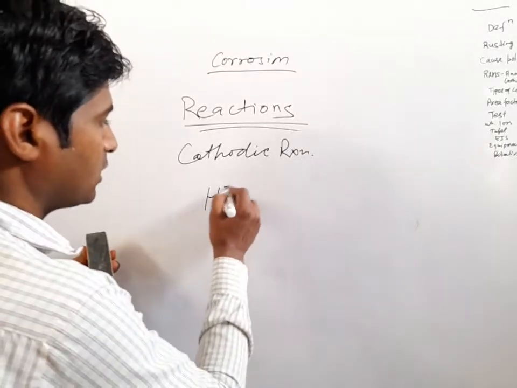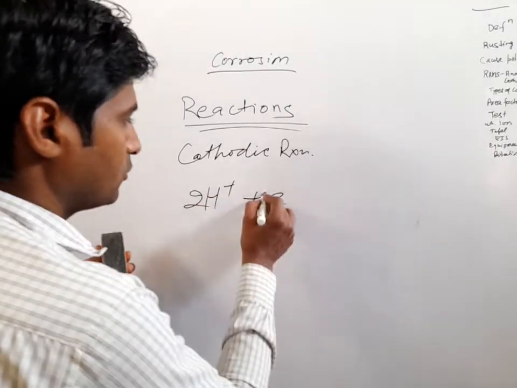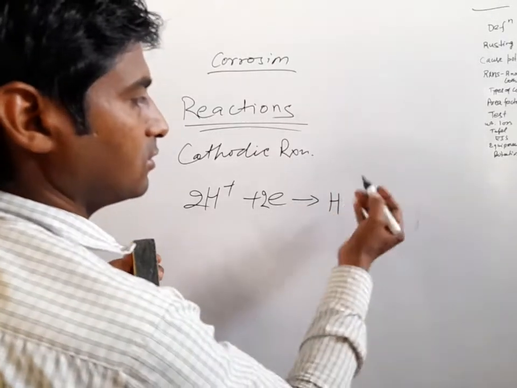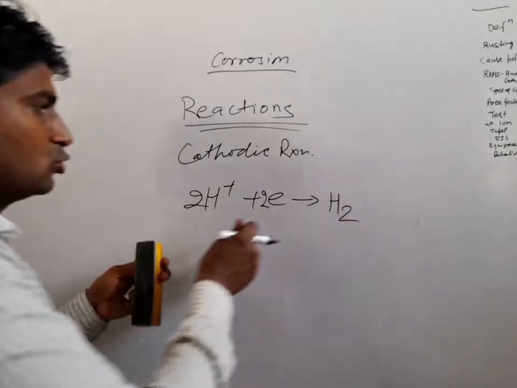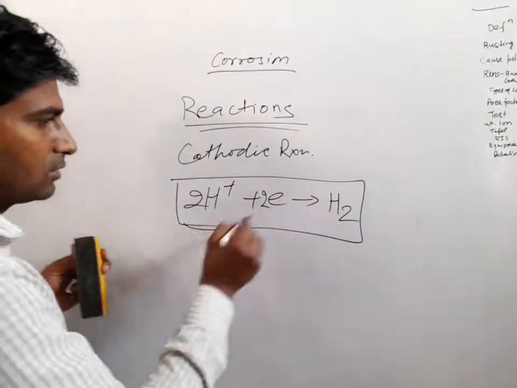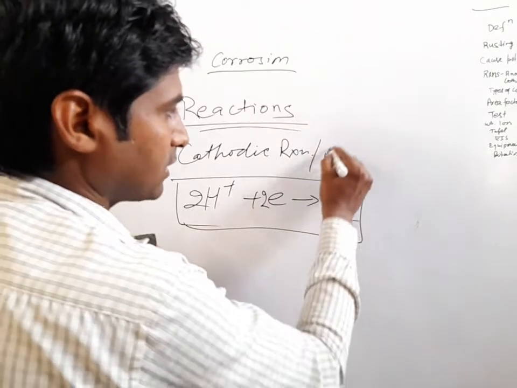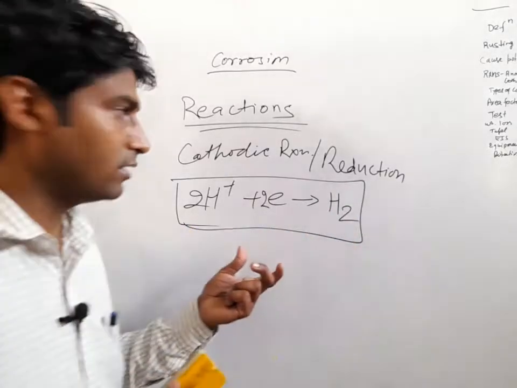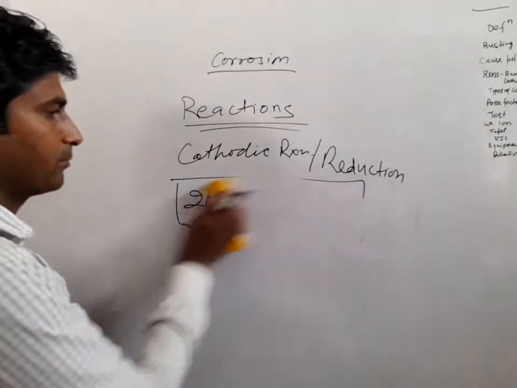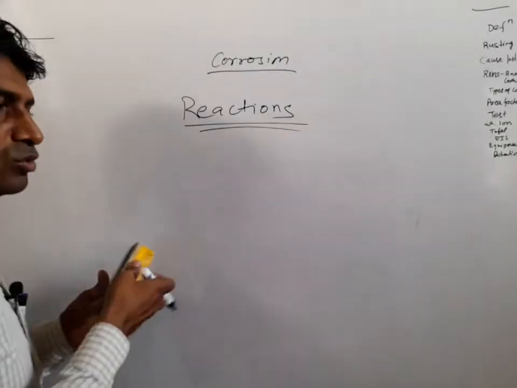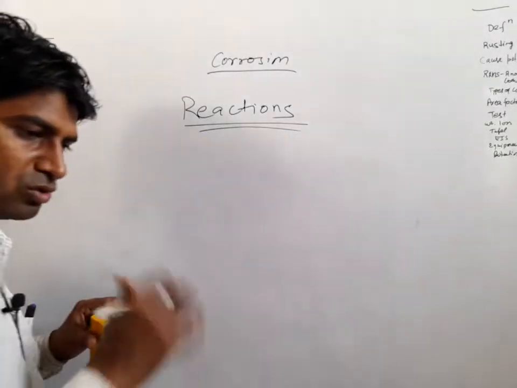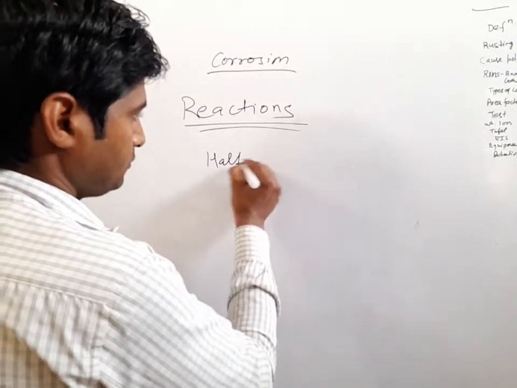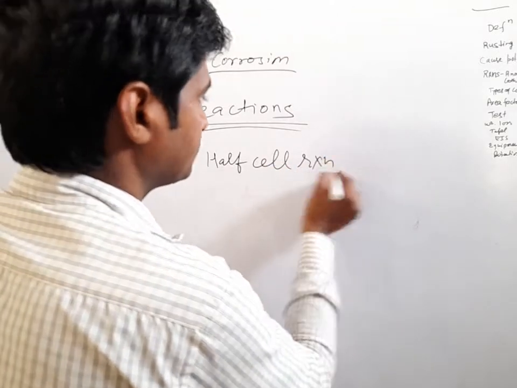Like hydrogen ion will receive the electron and produce hydrogen gas, H2. This is the cathodic reaction, and it is also called reduction. This cathodic reaction takes place at the cathode. These two, anodic and cathodic, are also called half-cell reactions.